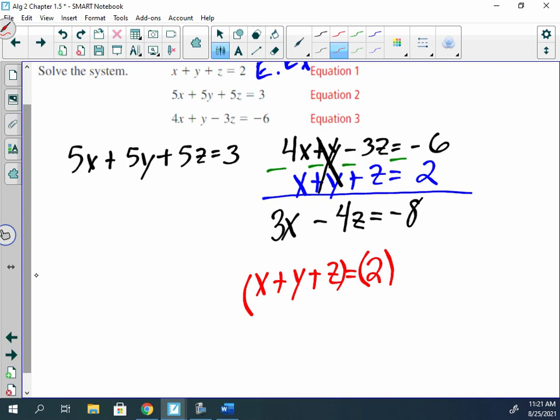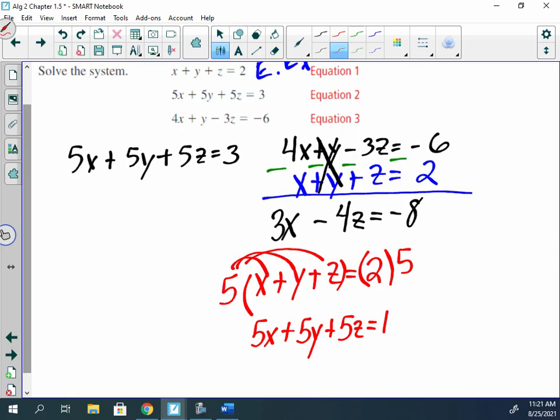We need to multiply both sides by 5 to get them to be the same. Well, 5 times x is going to be 5x, plus 5 times y, and 5 times z is plus 5z, and 5 times 2 is 10.